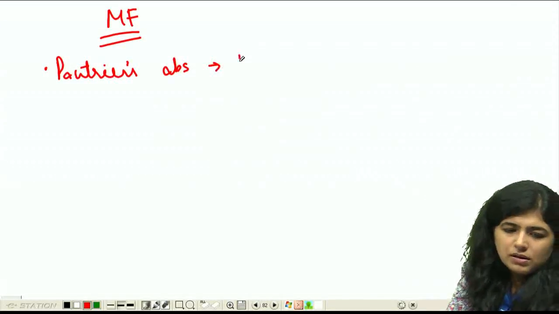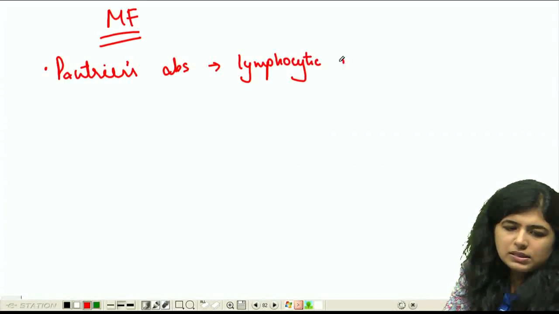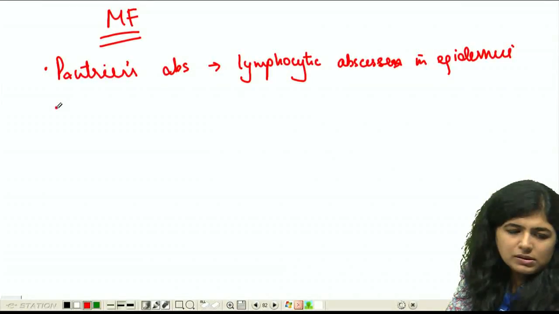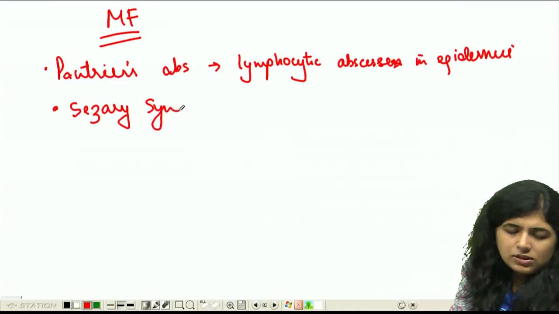One more thing you should remember with MF is Pautrier's microabscesses. These are lymphocytic abscesses in the epidermis. Then another thing that you should remember with it is Sézary syndrome. This is the last stage.